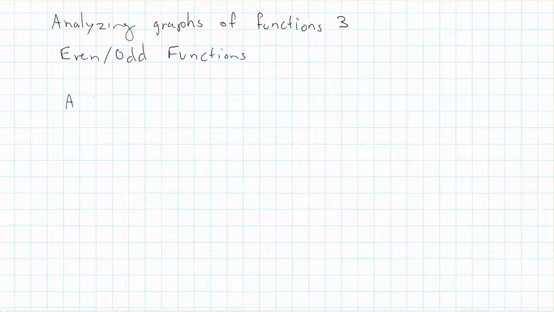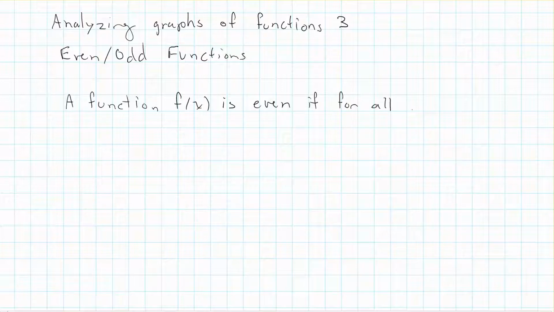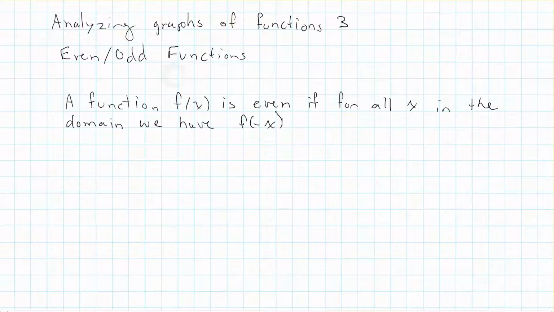A function f at x is even if for all x in the domain we have f at negative x equaling f at x.